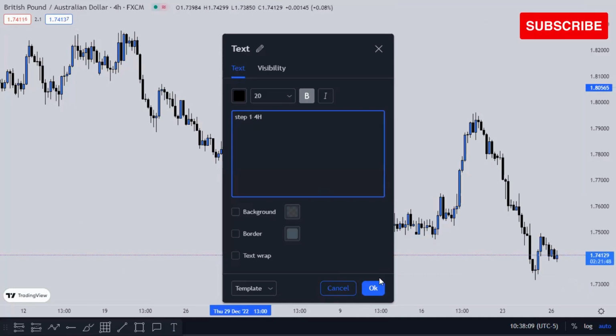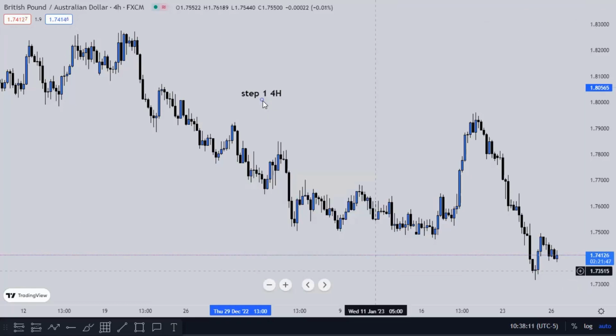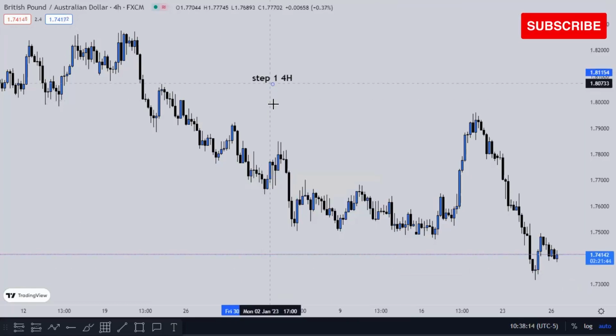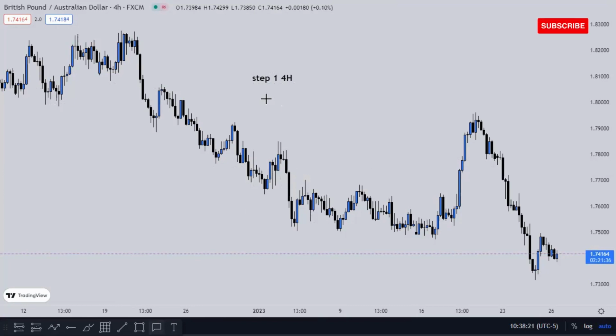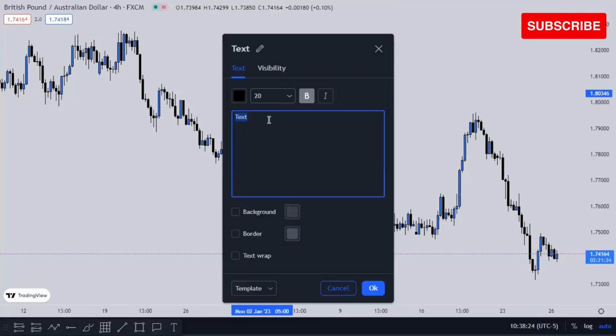Step one, 4-hour time frame. This is the time frame where we draw our levels. Okay, 4-hour or daily, no problem. That's step one. Okay, now let's do step two. Step two, we do what?